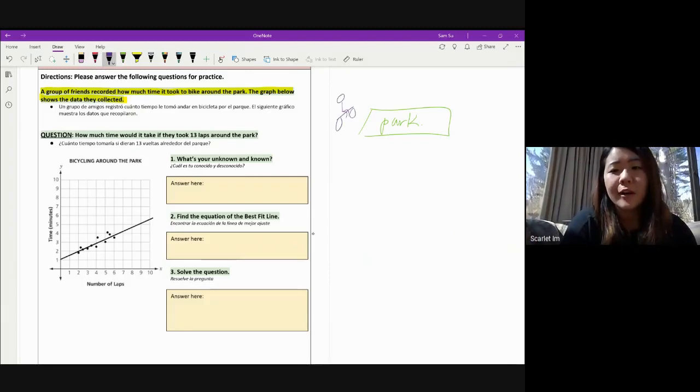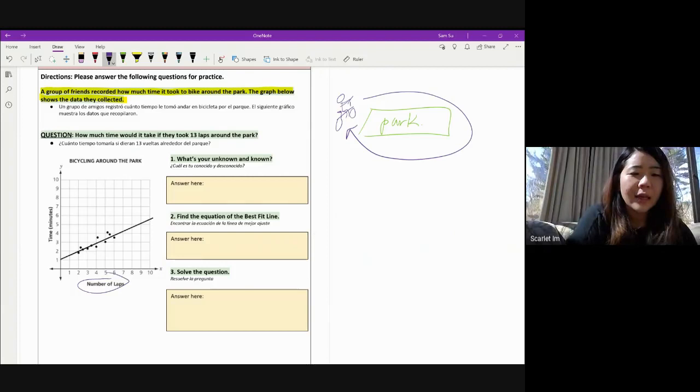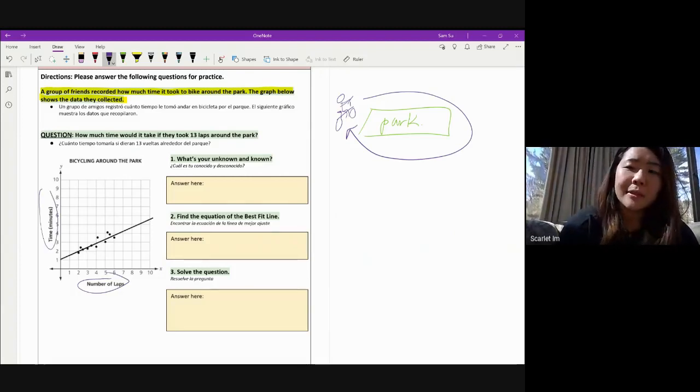This is before COVID-19. They're counting how many laps they took and how much time it took, and they do this multiple times. A lap is basically one circle around the park, if you didn't know already.